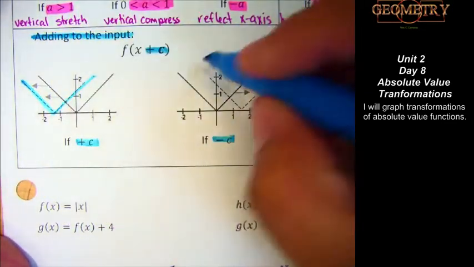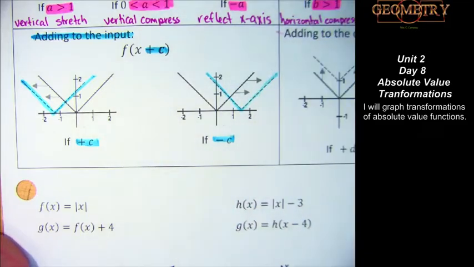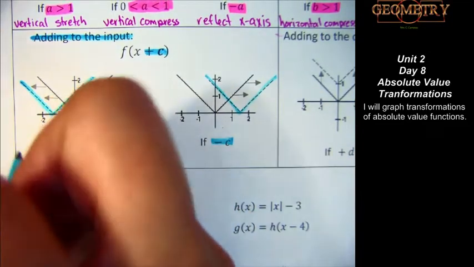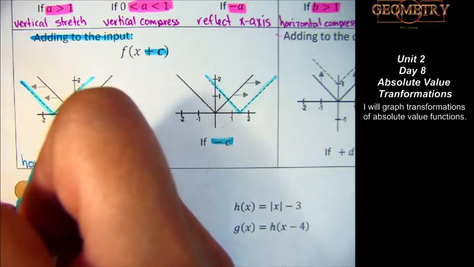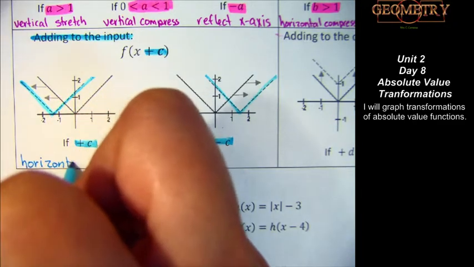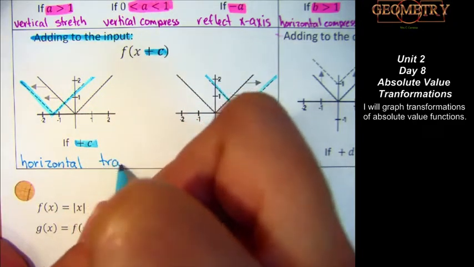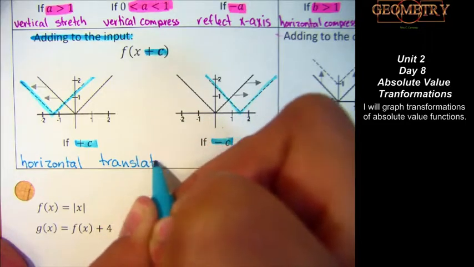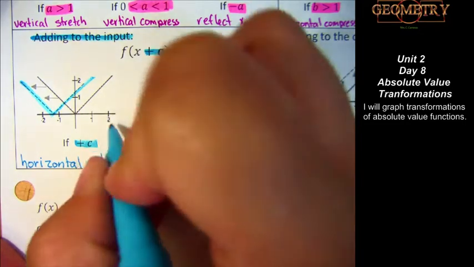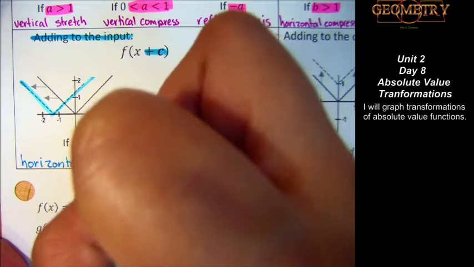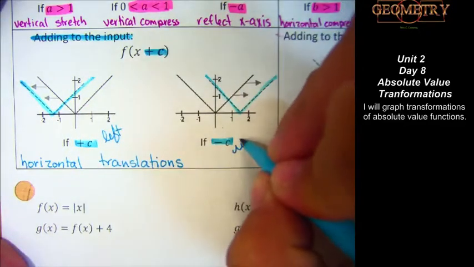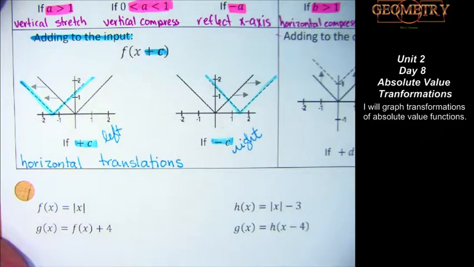If it's negative, it's moving to the right. So that doesn't change. These are horizontal translations. This one is to the left, and this one is to the right.